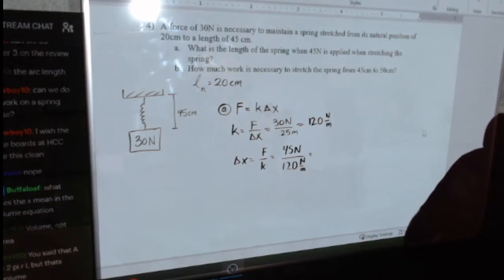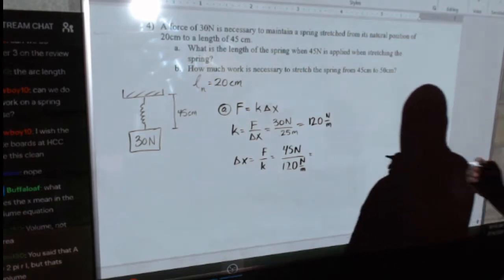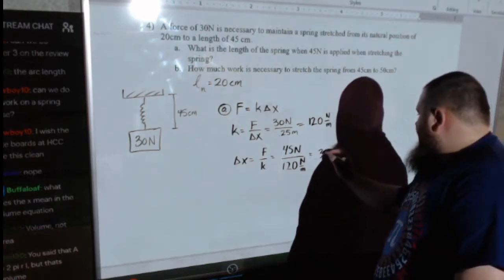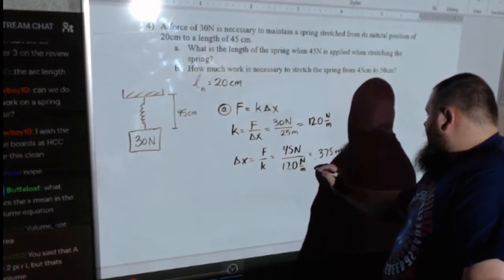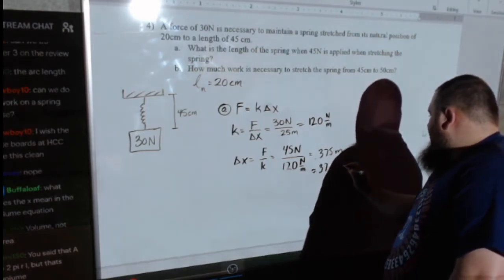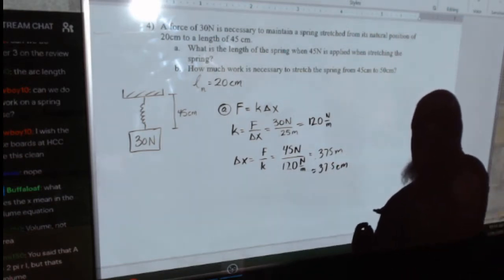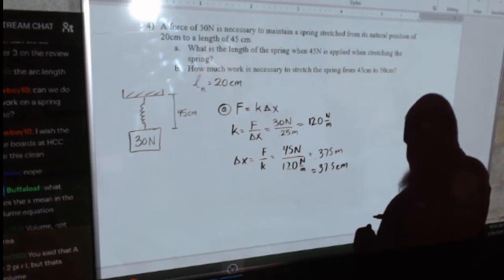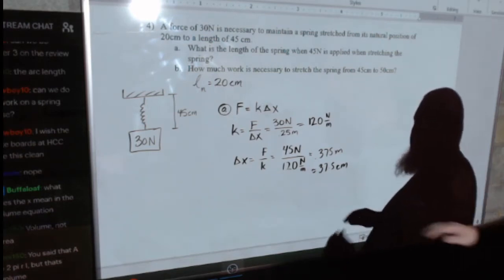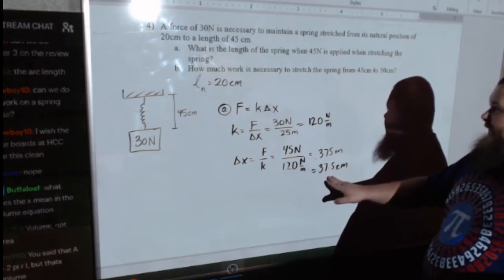That is 0.375 meters, or 37.5 centimeters. Now that's the change in length.